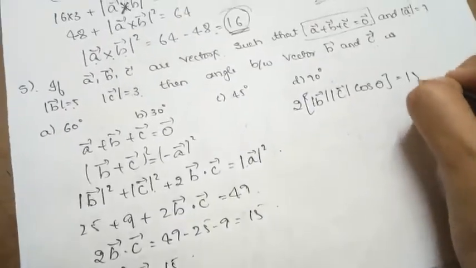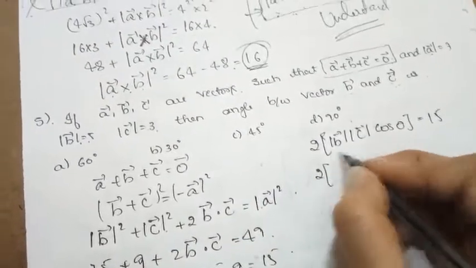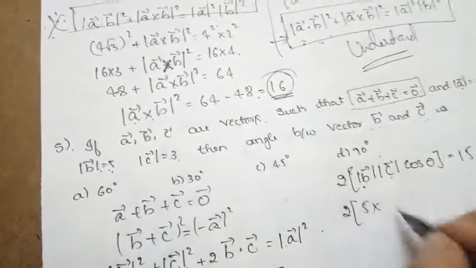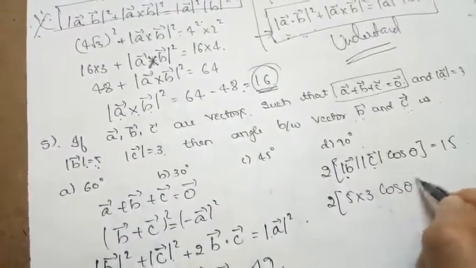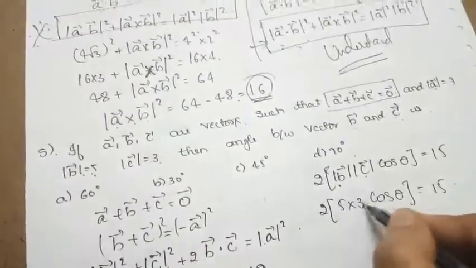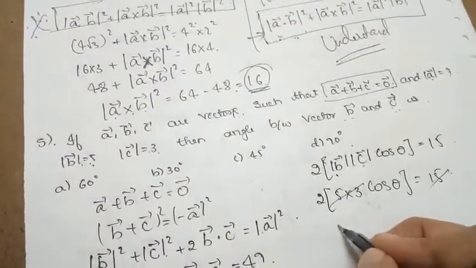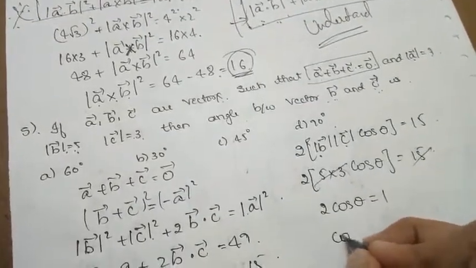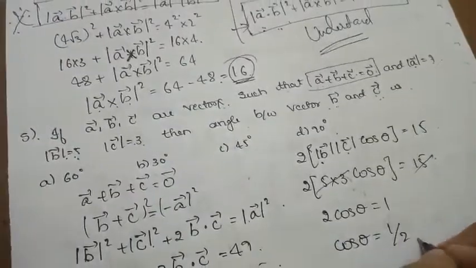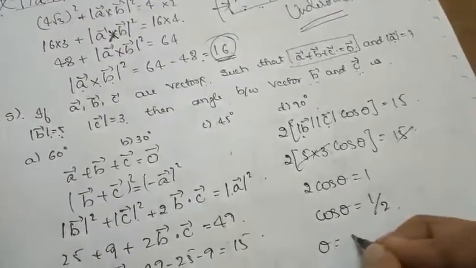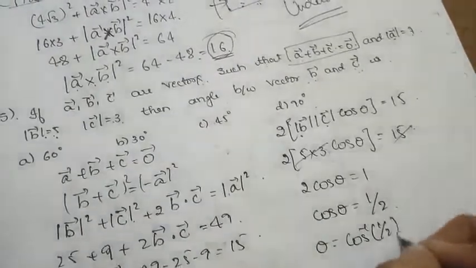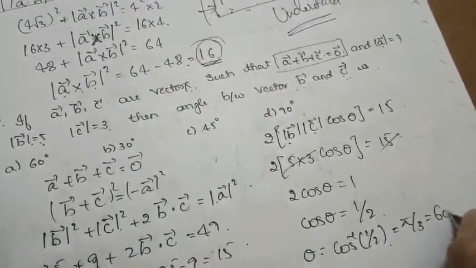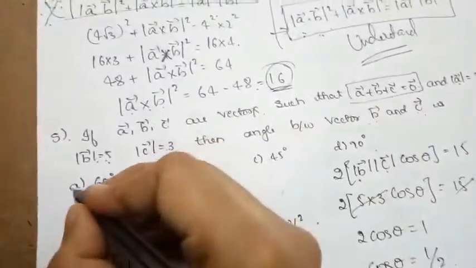Magnitude of vector B is 5, magnitude of vector C is 3, into cos theta. 2 times 5 3s are 30, so 2 cos theta is equal to 1. So cos theta is equal to 1 by 2. So theta is cos inverse of 1 by 2, which is pi by 3, our angle of 60 degrees. So option A.